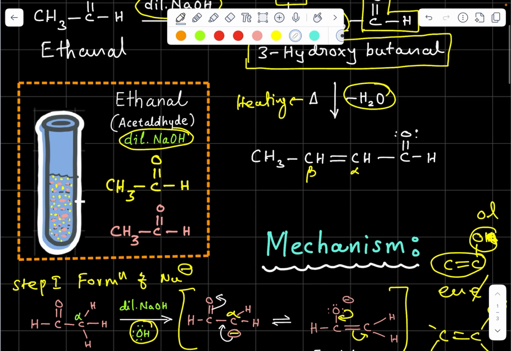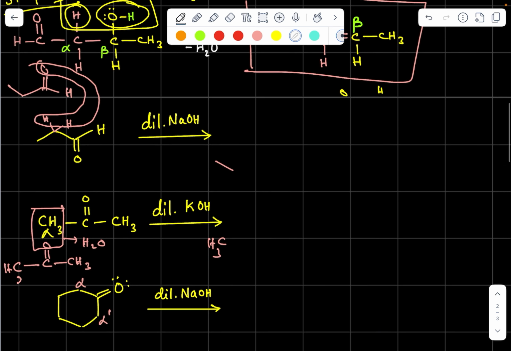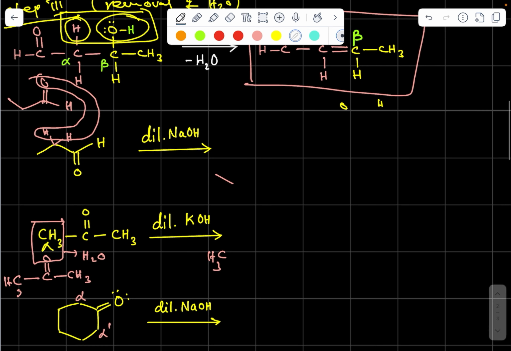Suppose the question is ethanal treated with NaOH. What is the shortcut here? In a question paper or any other exam pattern, they only mention one stoichiometry, but we need to take two equivalents of the carbonyl compound.